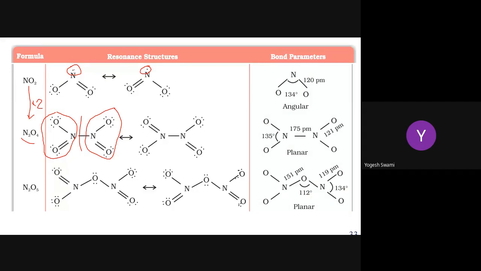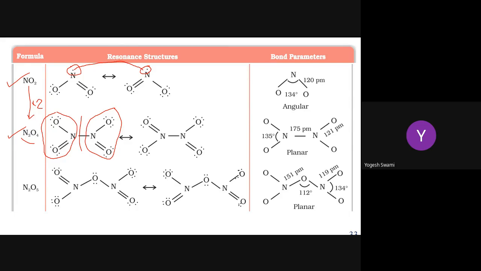Look, NO2 has one unpaired electron each, and both will form a bond. Due to the formation of the bond, they are dimerized. N2O4 is the dimer of NO2. And why does NO2 dimerize? Due to the presence of one unpaired electron. Due to the presence of one unpaired electron, NO2 is paramagnetic in nature. And N2O4 is diamagnetic in nature because no unpaired electron is present there.